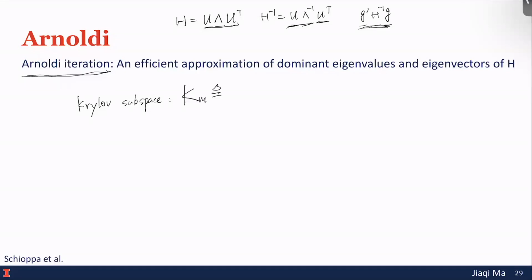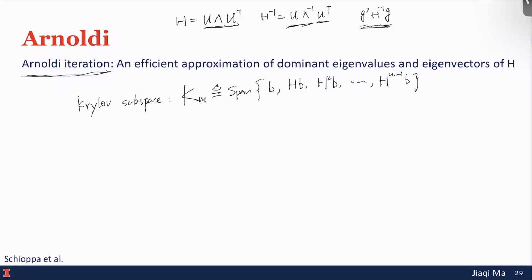This is defined as the span of a vector b, Hb, H squared b, all the way to H to the m minus 1 times b.